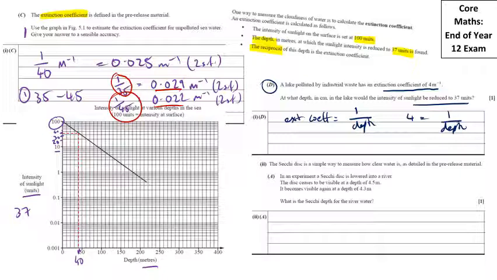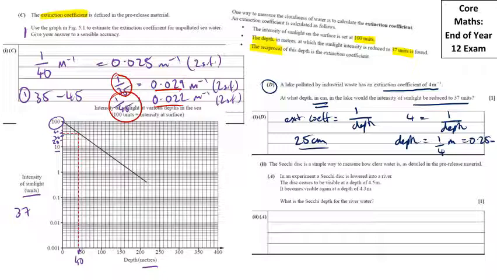So if we rearrange that, multiply both sides by depth, divide both sides by 4, we get 1/4 of a metre, or 0.25 of a metre. Says in the question though this must be in centimetres, so you had to get the answer 25 centimetres to get the mark there.